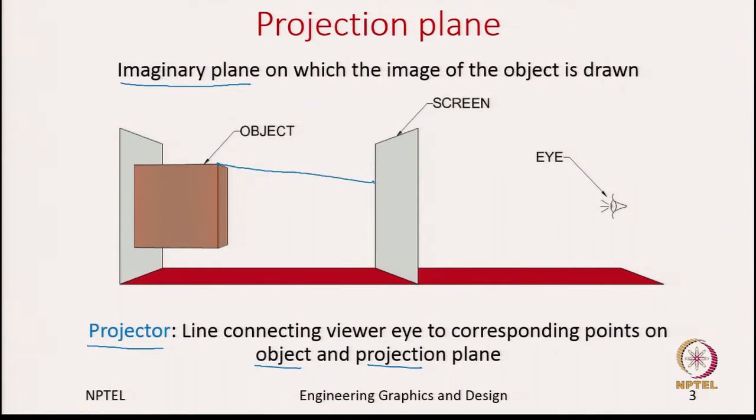This line will intersect the projection plane at a point, let us say this is the point. This particular line is called the projector. This terminology is important as we go along in this lecture.